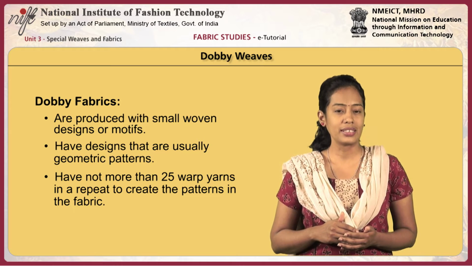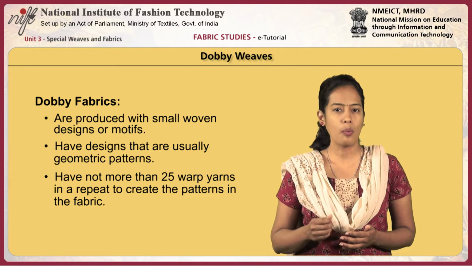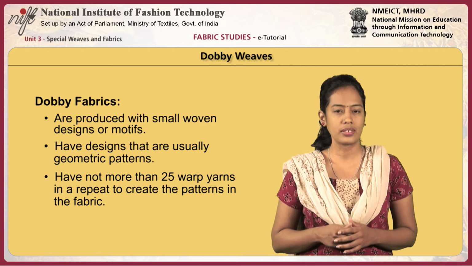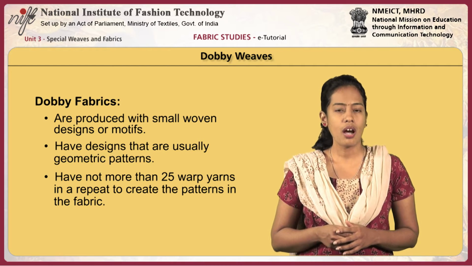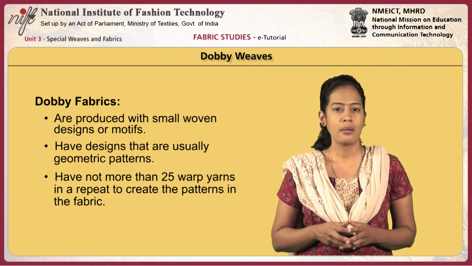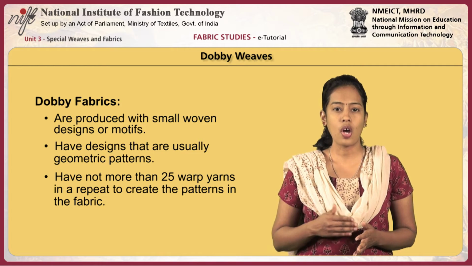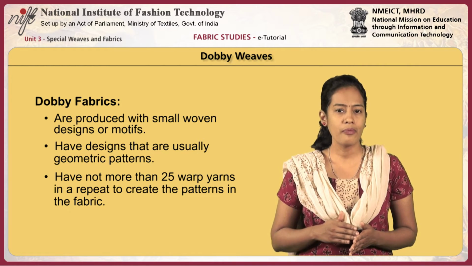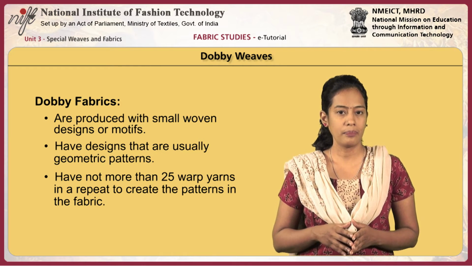These are fabrics produced with small woven designs or motifs. Designs are usually geometric patterns. They have not more than 25 warp yarns in a repeat to create the patterns in the fabric.